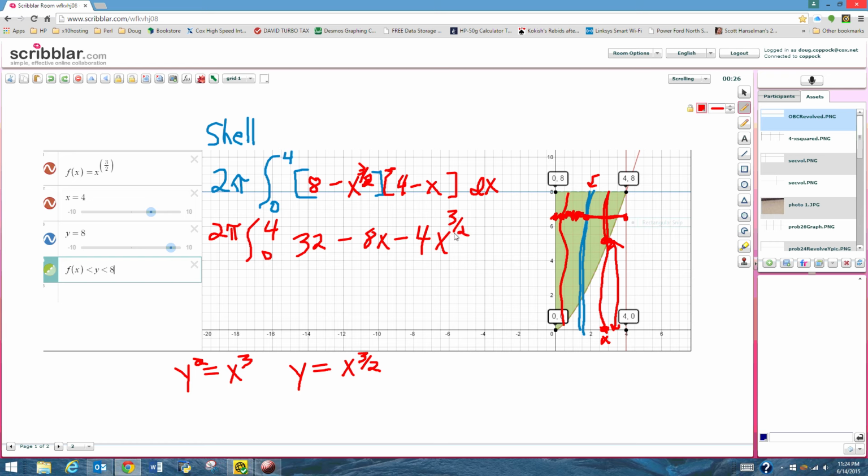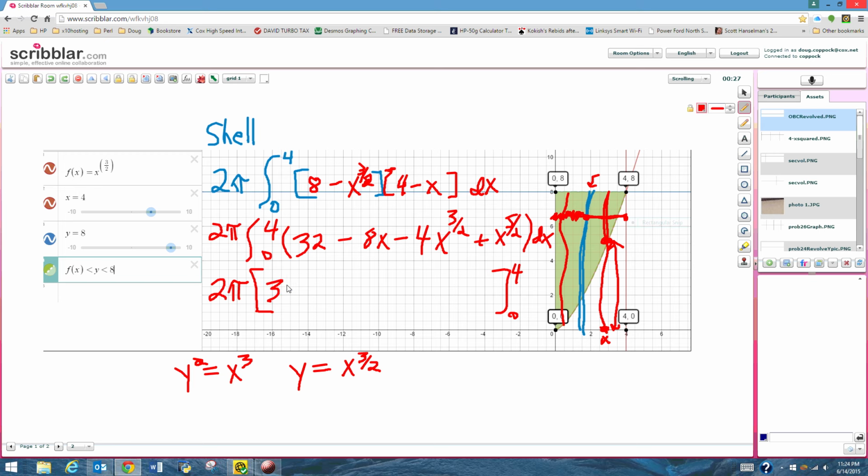And I'll get plus x to the, add the exponents, 3/2 plus 2/2 is 5/2, dx. Okay, and it doesn't look like there's much simplification going on there, so I can find the antiderivative right away, evaluating from 0 to 4.